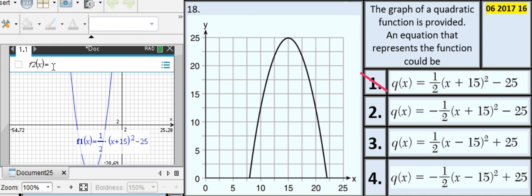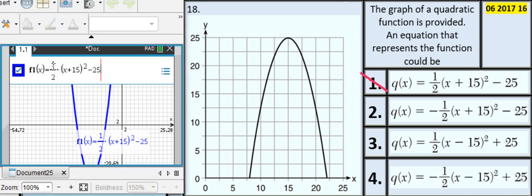Now I press tab to get my command line back, but I'm going to arrow up to that last function because I want to edit that function. So here I'm going to make my 1/2 negative. So we have negative 1/2, and then everything else is the same.